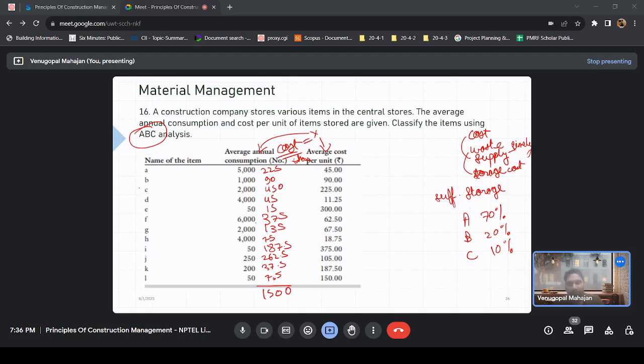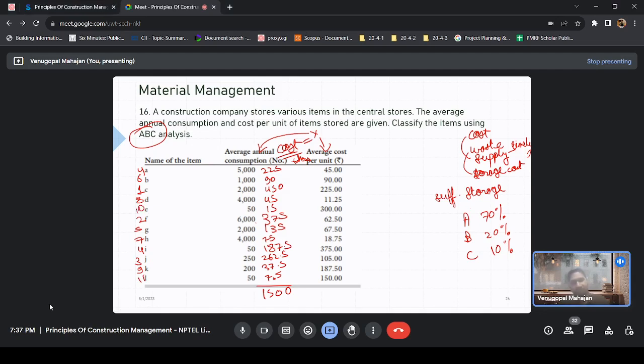If we rank them in order, C is first, then F, then J, the next is A, then I, then G, then B, then H at 75, then D at 45, then K at 37.5, then E and L. So now you have 11 items ranked in order of their cost.